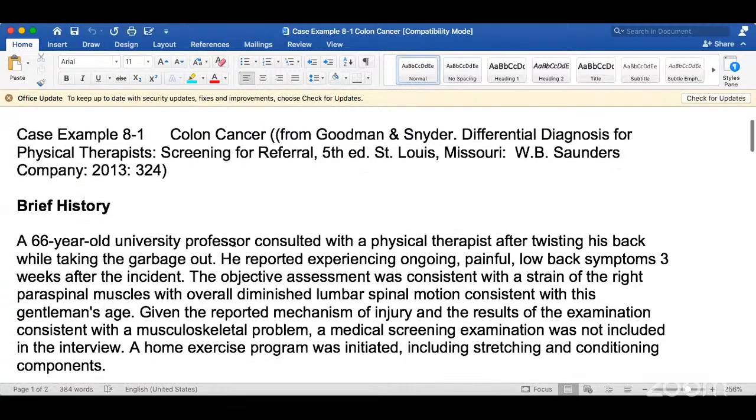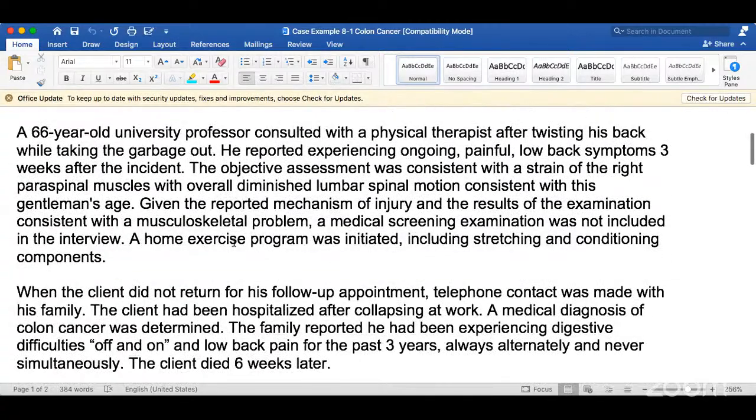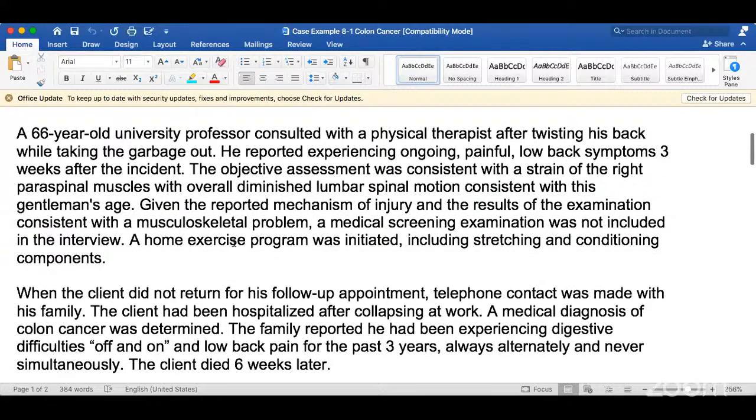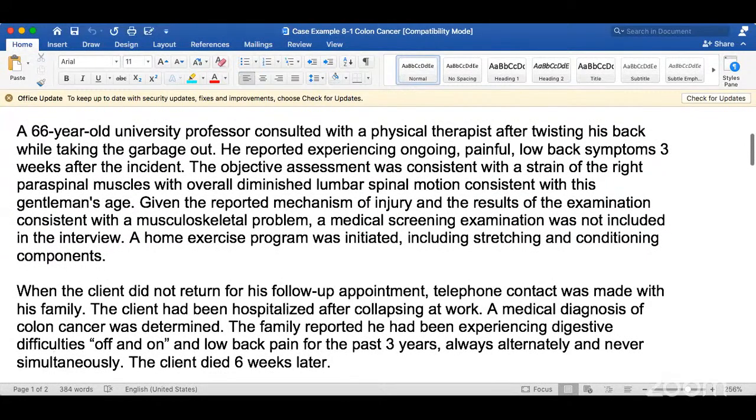So this is something that is a case example of colon cancer. Please, can we have someone read the brief history? 6-year-old university professor consulted with a physical therapist after twisting his back while taking the garbage out.